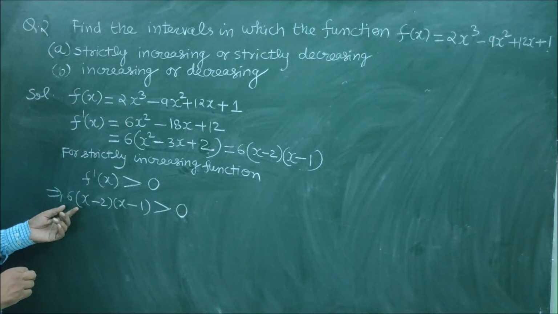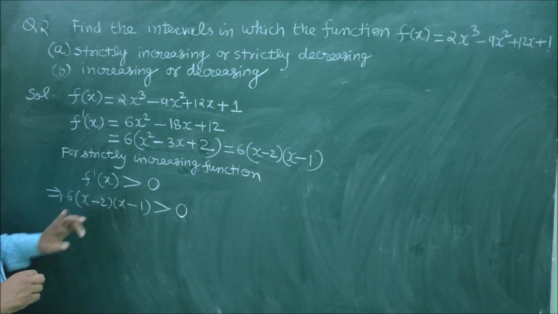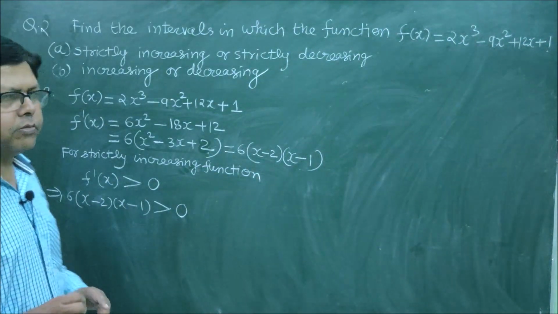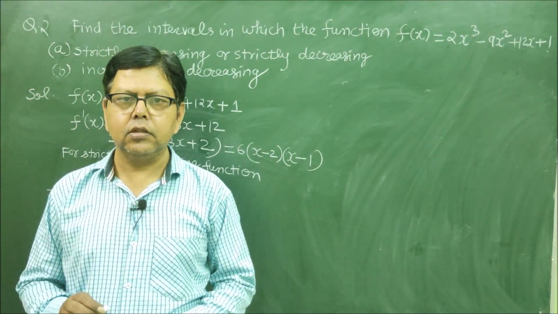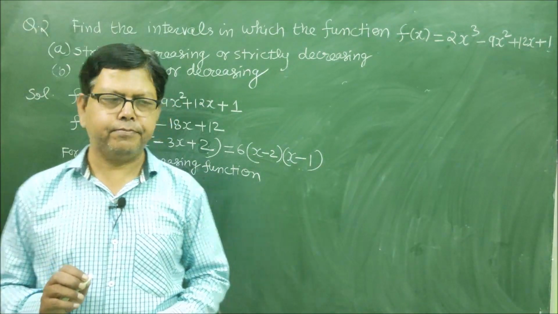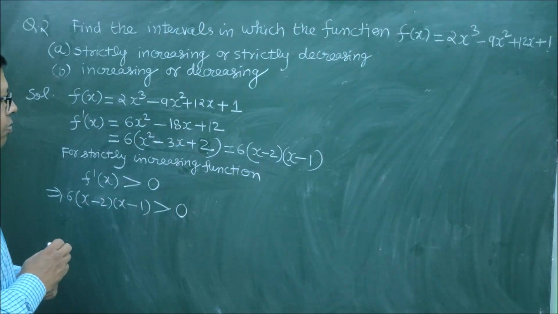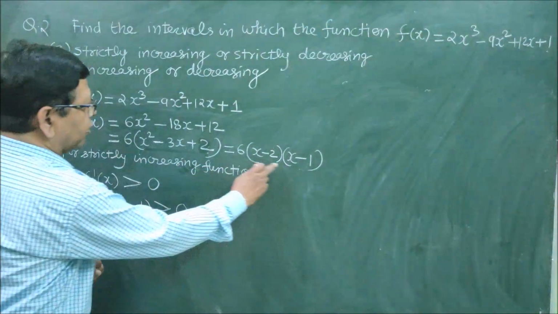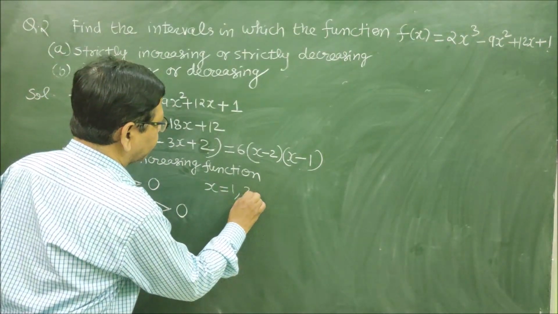This is a quadratic inequality. To solve this quadratic inequality, we will follow the wavy curve method. For that, let us find the critical points. If we put it equal to 0, then the critical points are x is equal to 1 and 2.